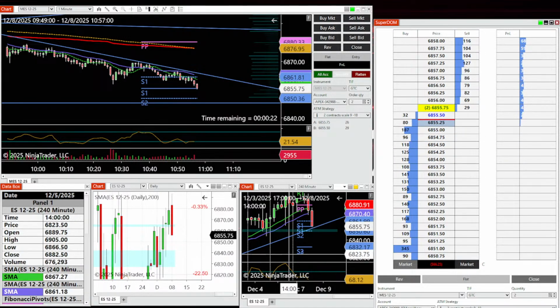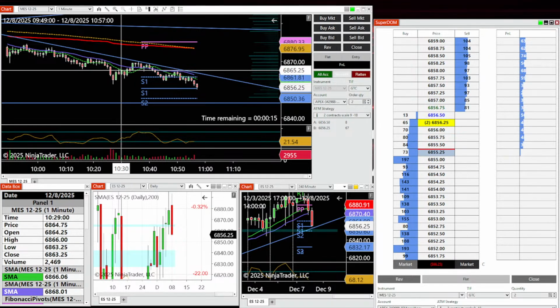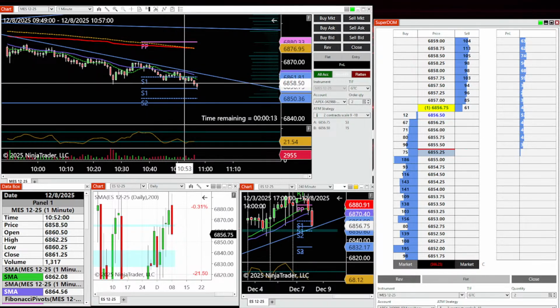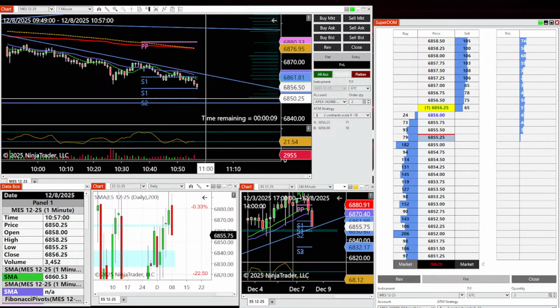59.50. Next stop is 50. Shoulders, head and shoulders. If it completed, we said the target was 68.50.